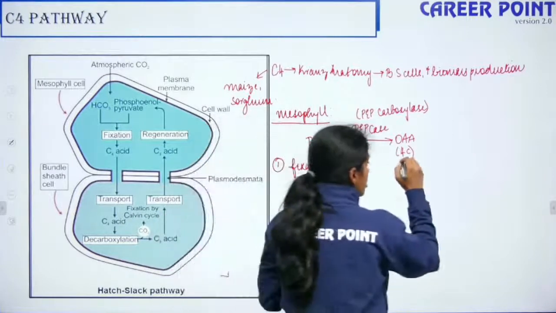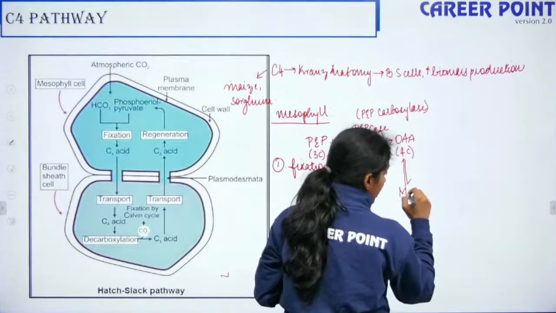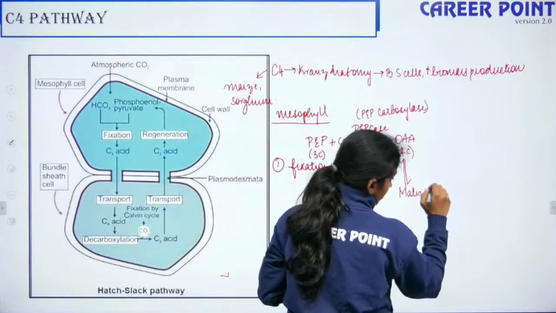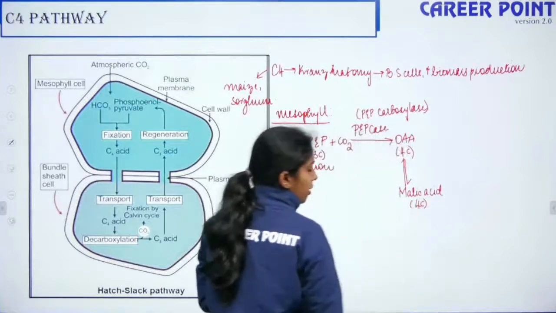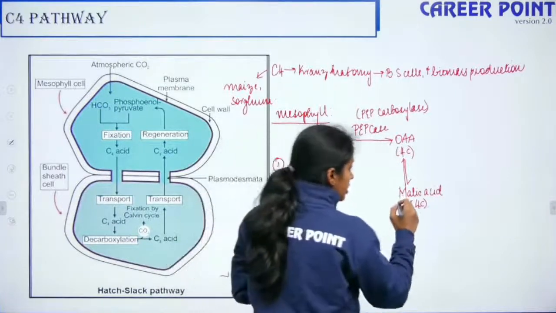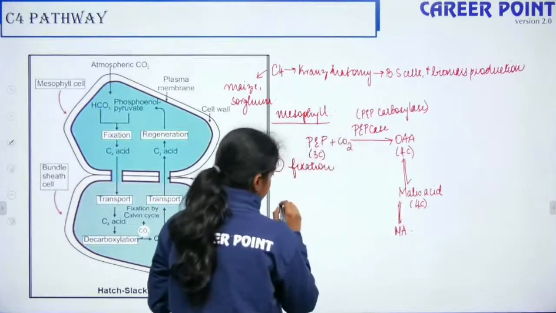Now this oxaloacetic acid is reversibly converted into malic acid. This malic acid is also a 4-carbon compound. Now this malic acid travels into the bundle sheath cells.